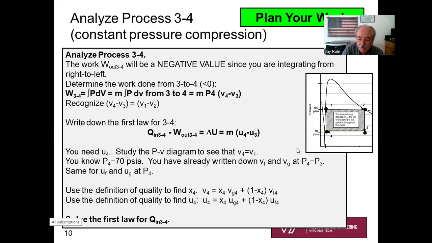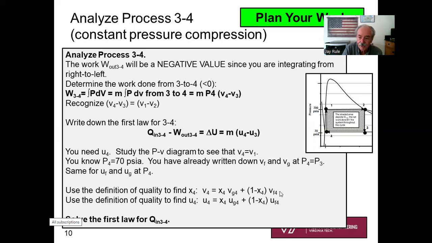Well, it's going to be the same approach as process 2 to 3. I see that V4, which is known, equals X4, unknown, times VG4, that's a lookup at 70 psi, plus 1 minus X4 times VF4, lookup at 70 psi. One equation, one unknown, solve for X4.